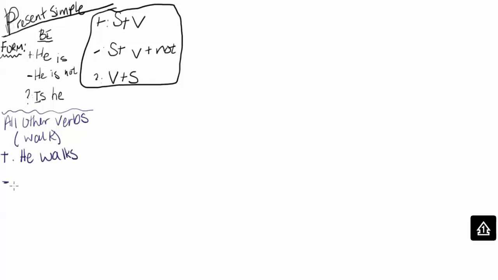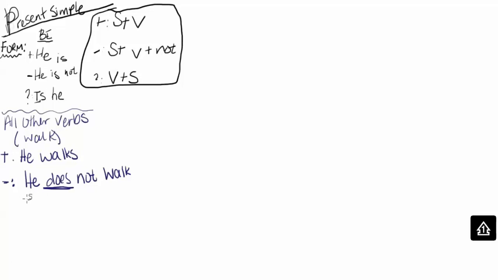But in the negative, do comes in, and do takes the place of the verb. It takes that number one verb spot. So subject plus verb plus not, it still follows that.